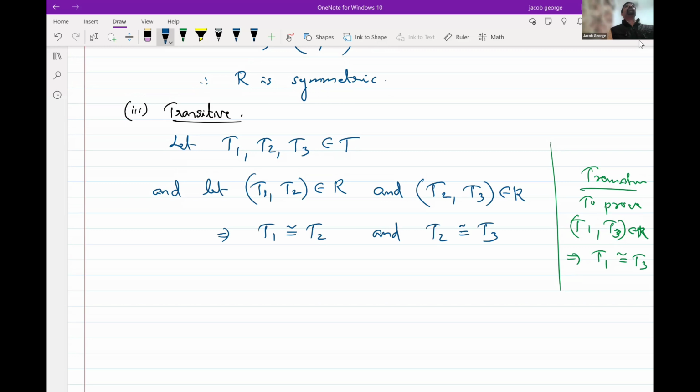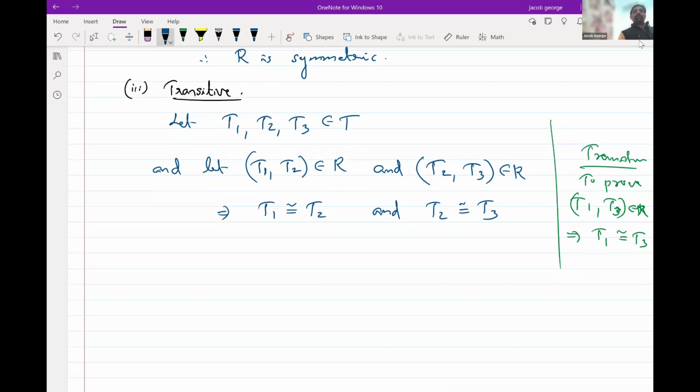Is it clear? Yes. Now by combining these two, what can you write? Correct. A triangle is congruent to a second triangle and that second triangle is congruent to a third triangle. Then of course the first triangle is congruent to the third triangle.